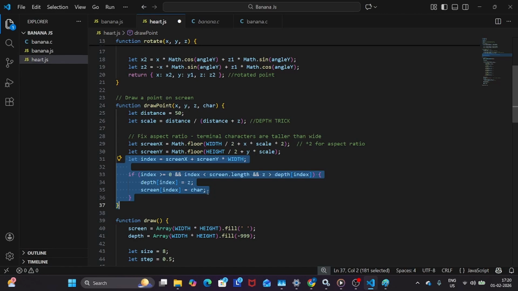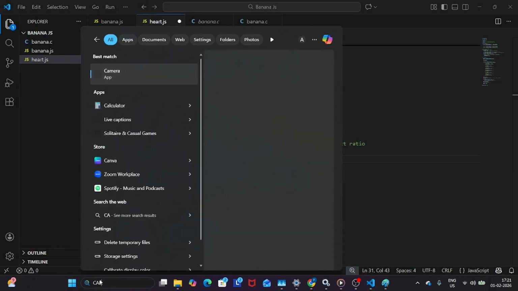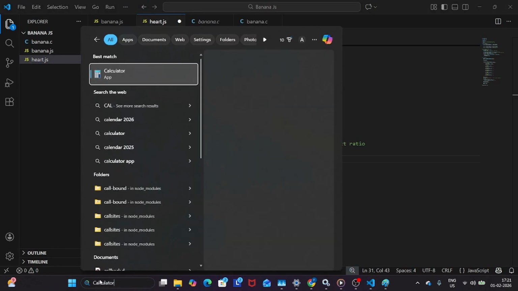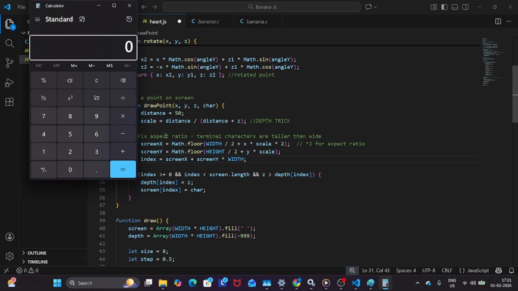Okay, now using index we can store what character goes where. For example, the middle of the screen, as screen x is equal to 40 and screen y is 20, then index would be 40 plus 20 times 80, which would be 1640. Wait a minute.